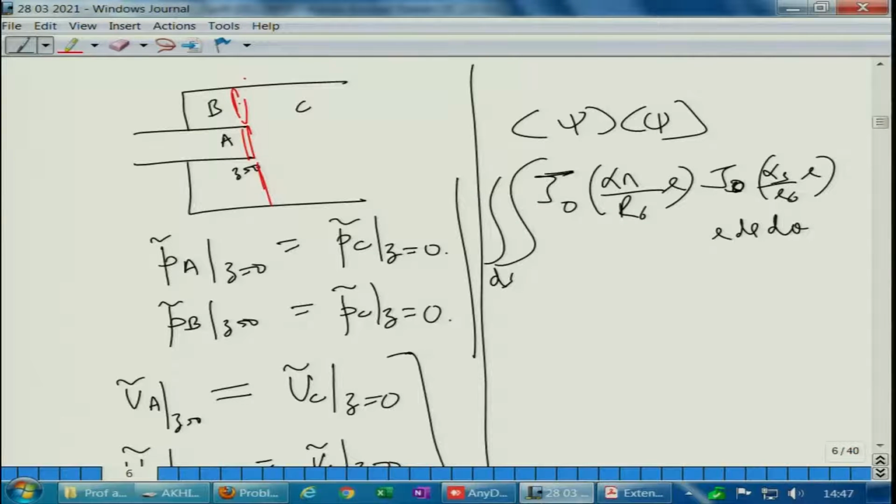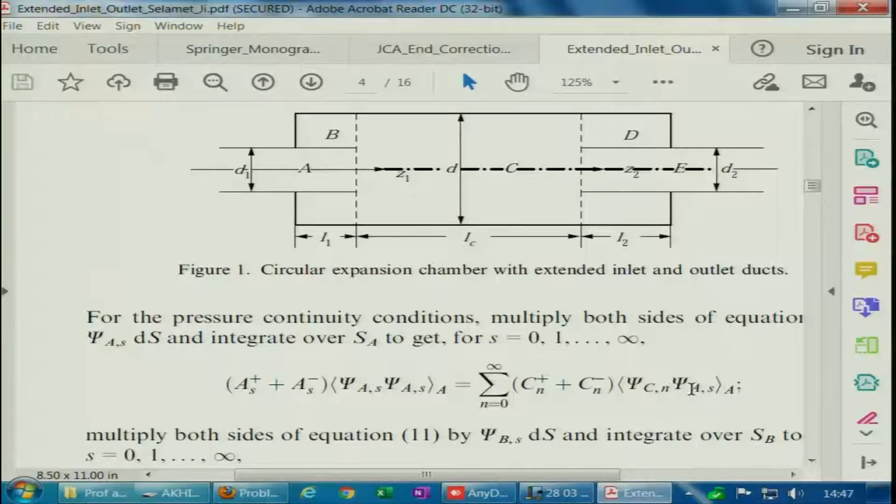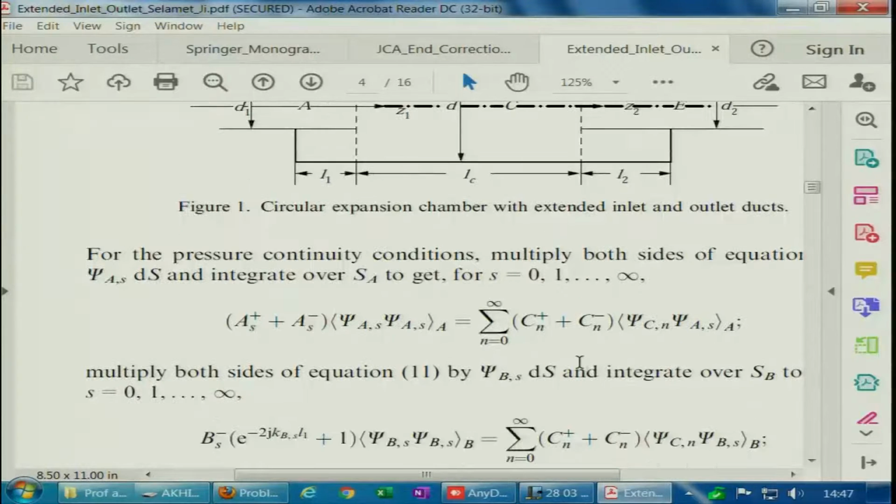Basically, we multiply this by this thing.